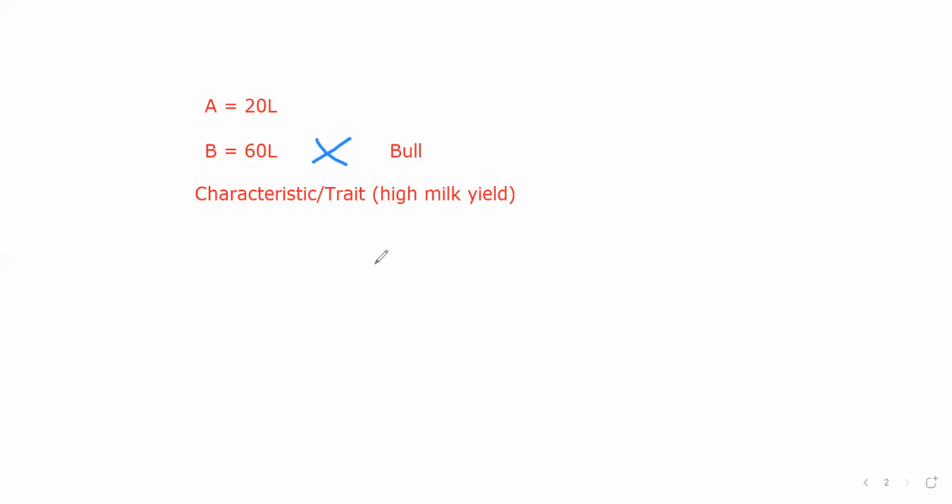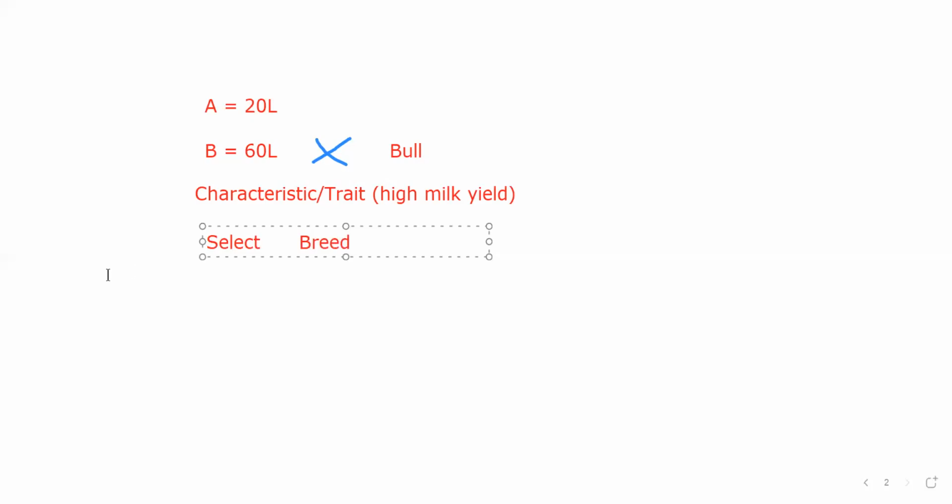So, in the meantime, this is what has happened. You identify the cow among many others. You selected that cow. Are we following? You selected that cow, and what did you do later? You bred that cow.